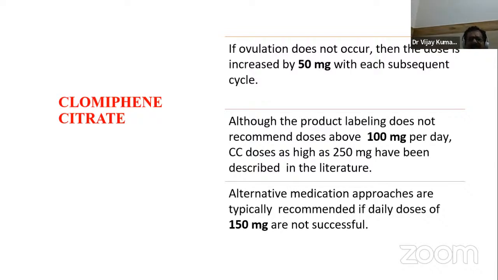Generally, if the woman fails to ovulate in spite of a 150 milligram dosage for 3 successive cycles, then we consider her resistant to clomiphene citrate. In such cases, it's better to change the ovulation induction drug either to letrozole, or you can start only the gonadotropins.